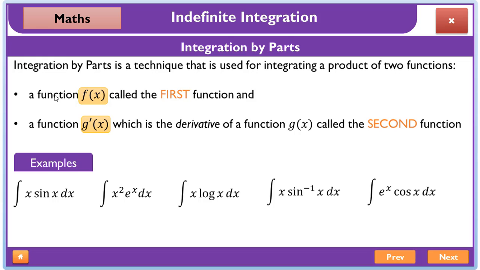One is called the first function, that is f of x, and another function is g dash of x, which is the derivative of a function g of x, called the second function. So there are two functions in integration by parts. One is the first function and another is the second function.